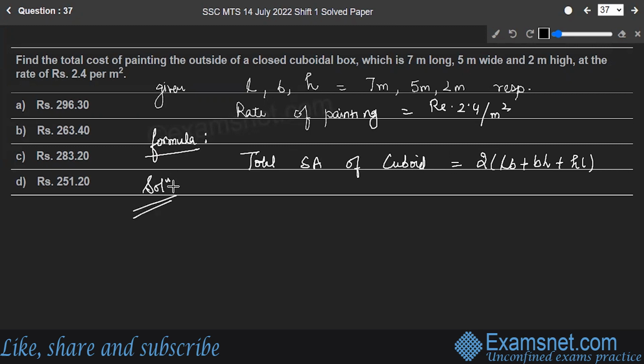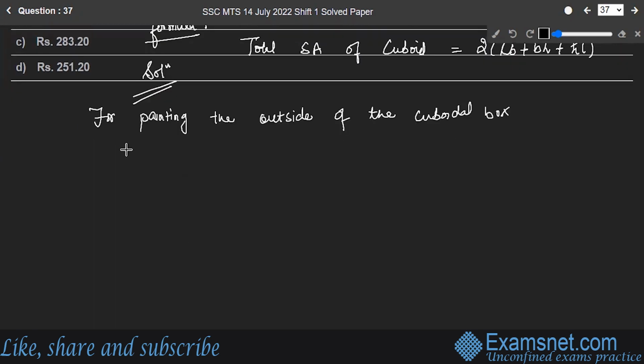For painting the outside of the cuboidal box, total surface area to be painted is 2 into length into breadth plus breadth into height plus height into length.